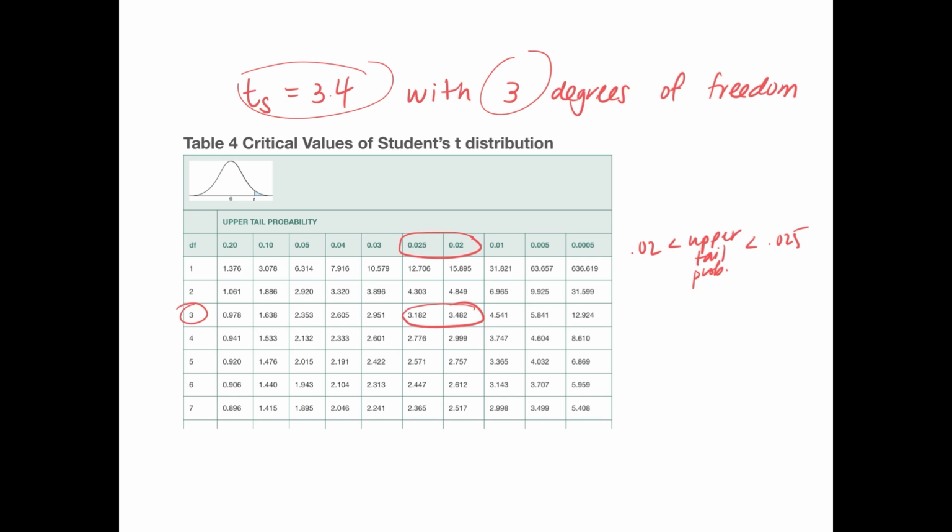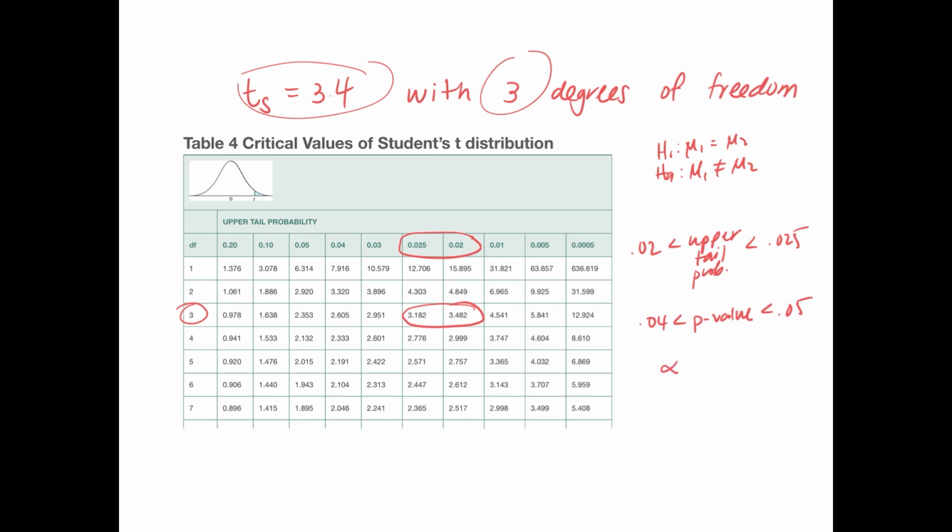Because our null hypothesis looked like this, mu1 equals mu2, and our alternative looked like this, there's no directionality there, so this is a non-directional test. Therefore I need to multiply these probabilities by 2. So 0.04 is less than the p-value. What I'm ending up with here is the p-value, which is somewhere between 0.04 and 0.05.